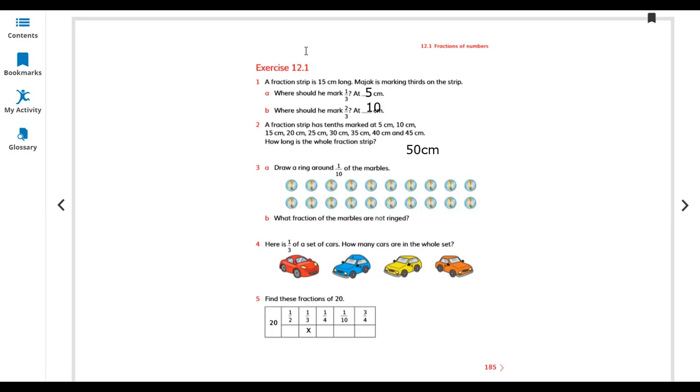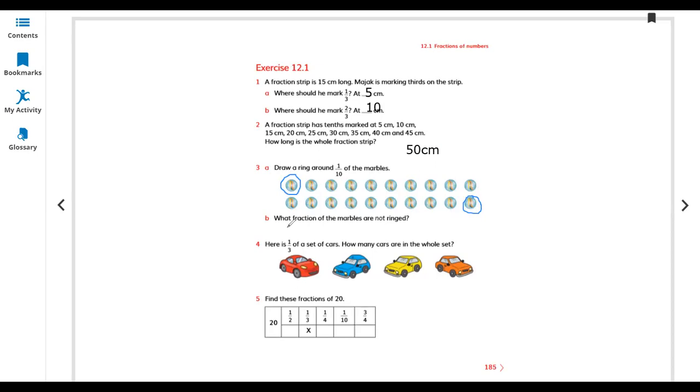You can circle any one from above and one from down. Make it here. This is 1 by 10. Or you're making 2 from here, or making 1 here, 1 here, as you wish. Any 2. You just ring any 2 marbles from the whole.